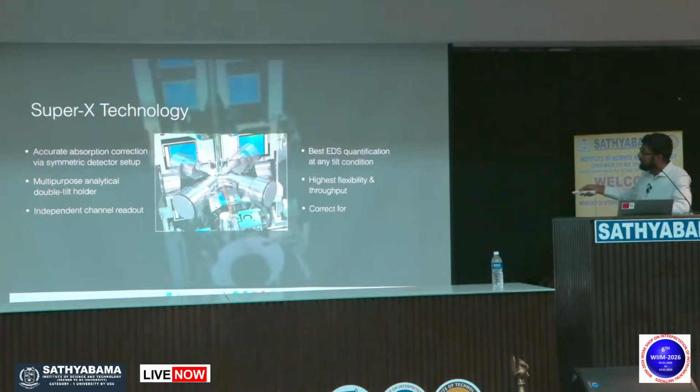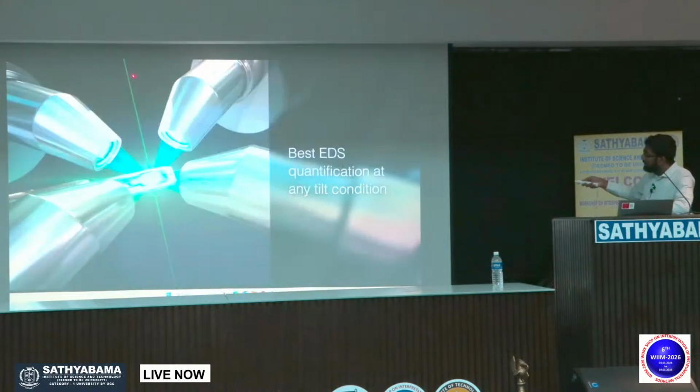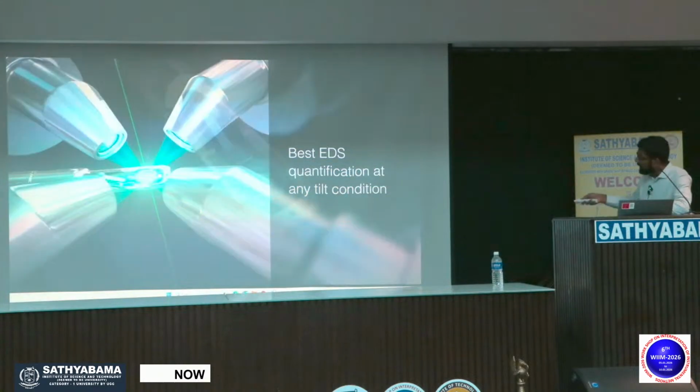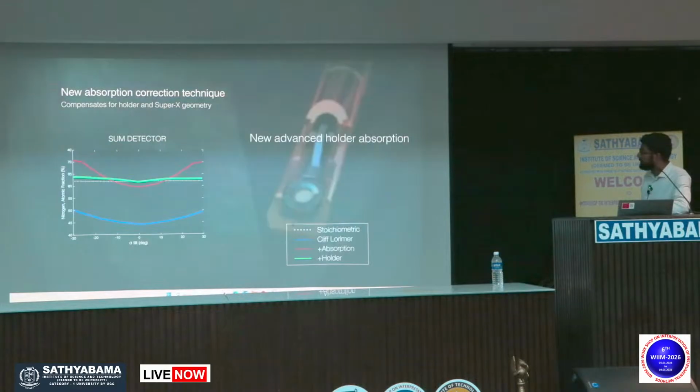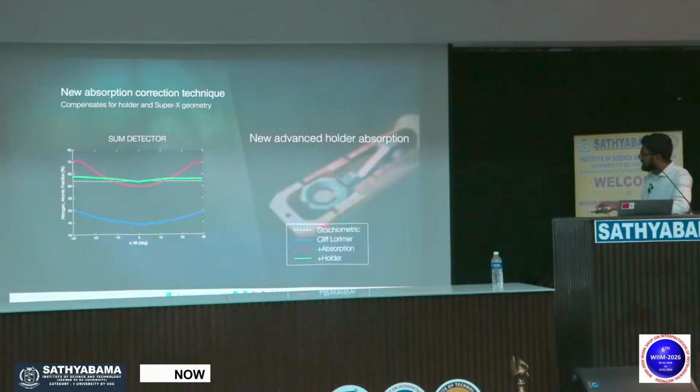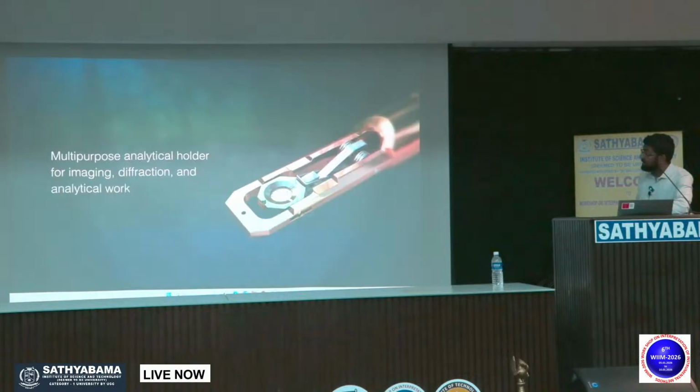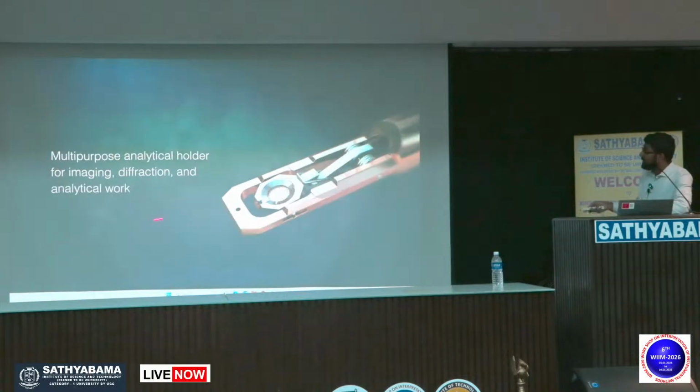See here, the electron beam is coming from top and passing through, and X-rays are coming from the sample. This is the holder, and you can see these are the grids. Whatever tilt you have, there is a correction factor built into the software. So all factors can be considered, and you have very reliable data from your samples.